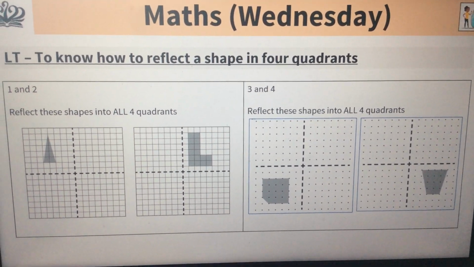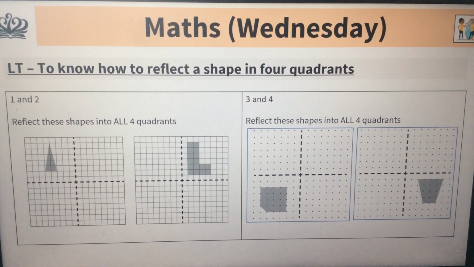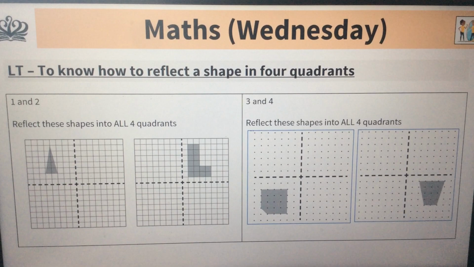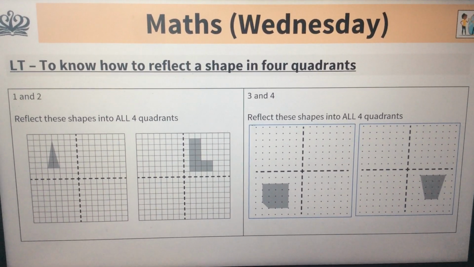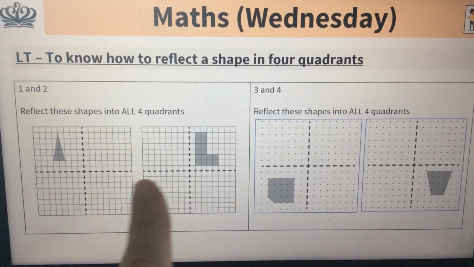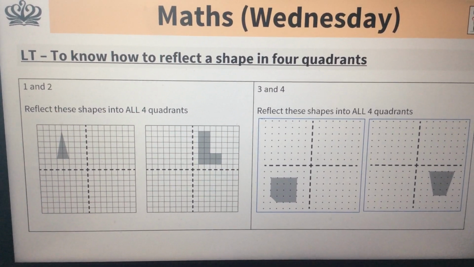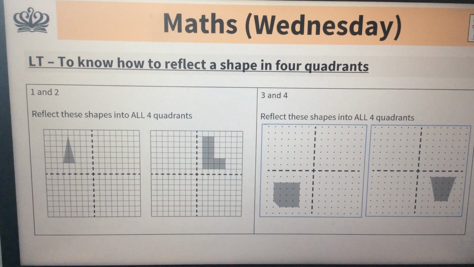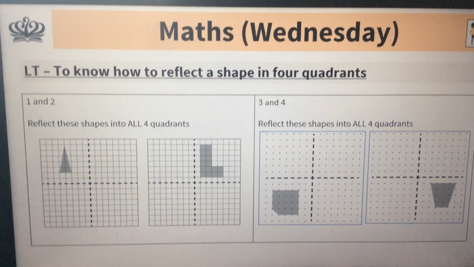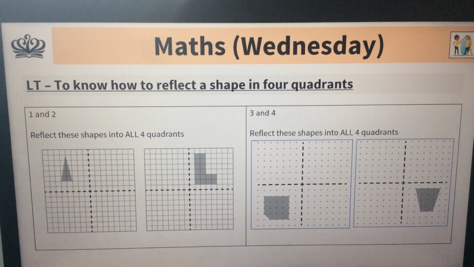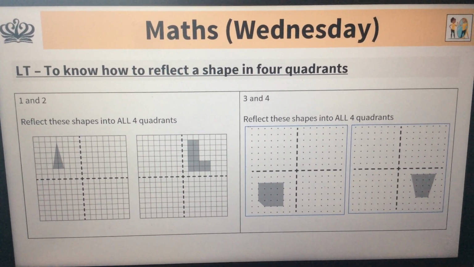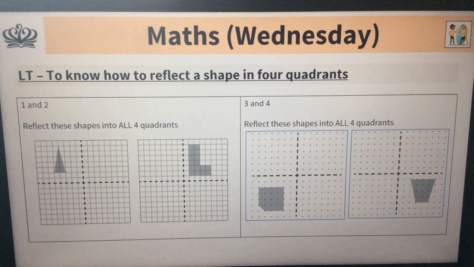So best way of doing it probably is if you've got square paper, like I know a lot of you have, draw out each grid in square paper. If you've got a printer, you might want to print just this page and draw straight onto there, or you can use markup, which I'll show you in a bit, just like I showed you the other day. Some of you I know have been using different programs or finding ways that work for you, so whatever works best for you, use that.